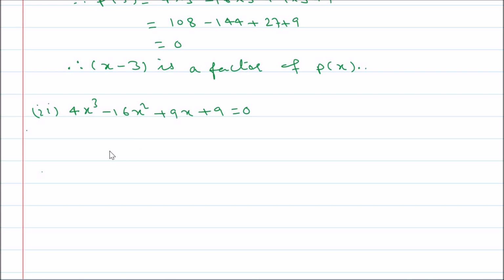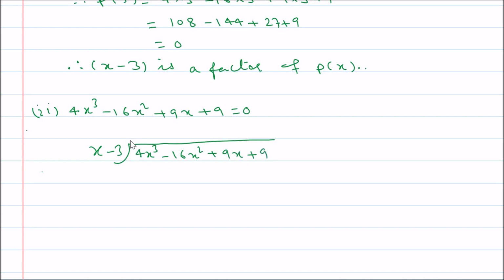So we'll divide this by x minus 3 to get other factors. X minus 3 is a factor, so divide by x minus 3. Here we'll be writing 4x cube minus 16x square plus 9x plus 9.